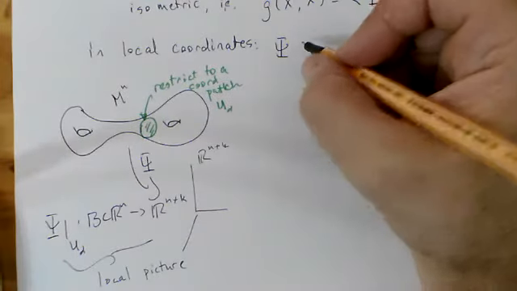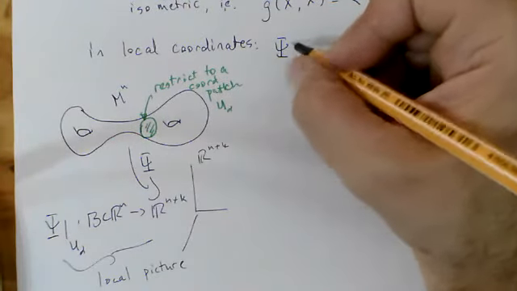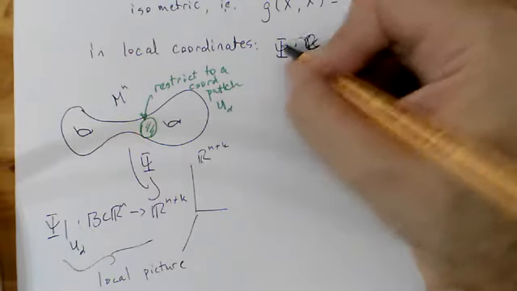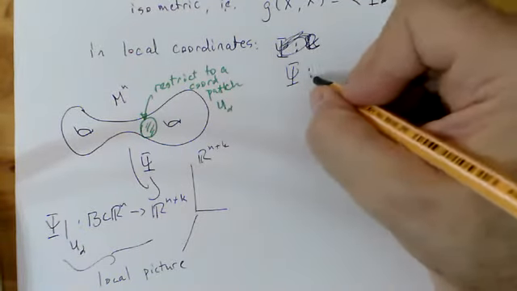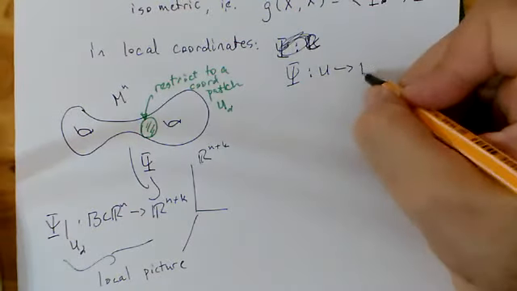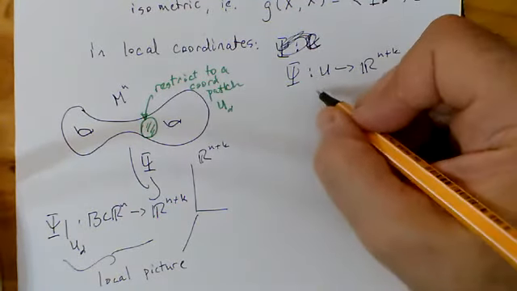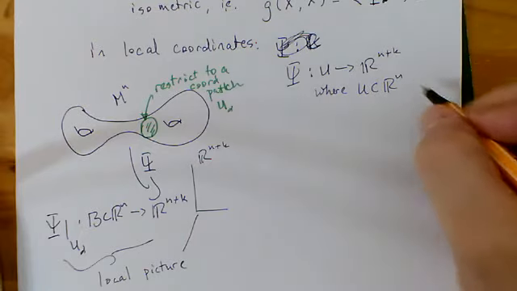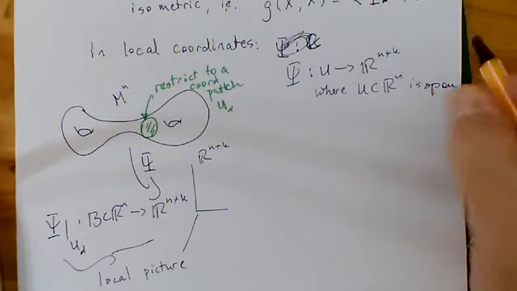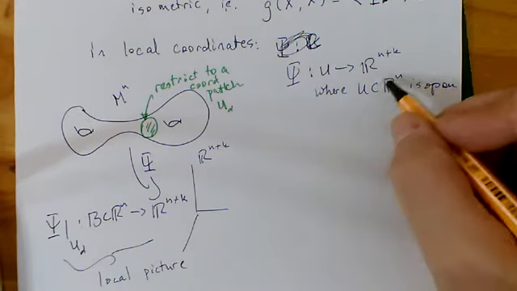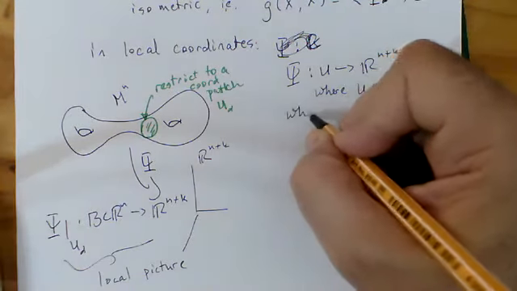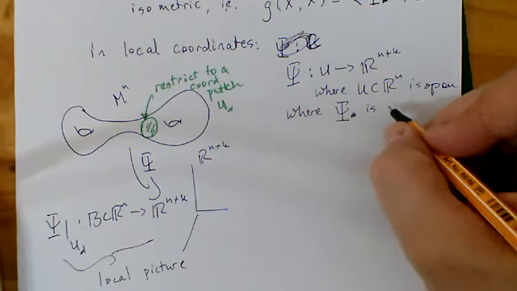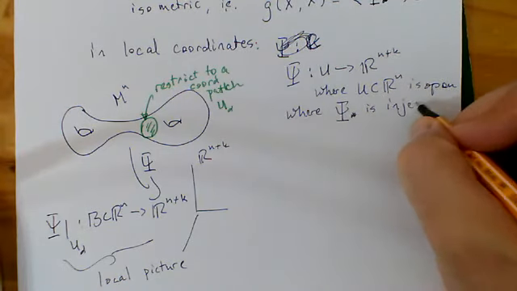So in local coordinates, I should really think of this as mapping an open set in n-dimensional Euclidean space to R^(n+k), and I want that phi is injective, phi star is injective.